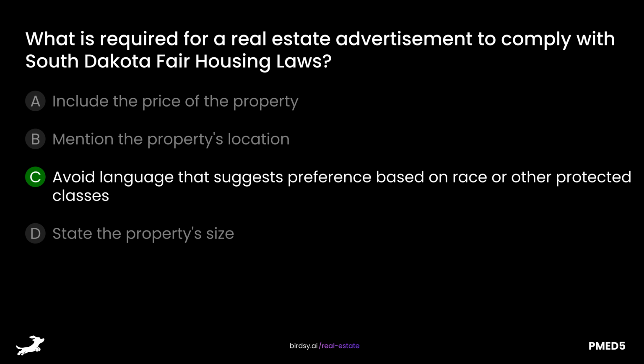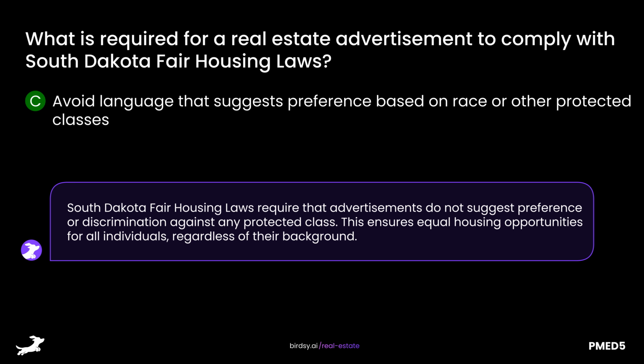The answer is C, avoid language that suggests preference based on race or other protected classes. South Dakota Fair Housing Laws require that advertisements do not suggest preference or discrimination against any protected class. This ensures equal housing opportunities for all individuals, regardless of their background.